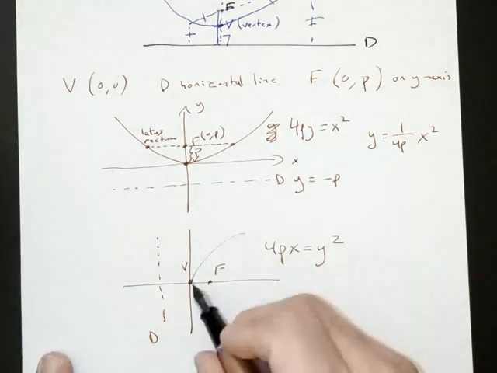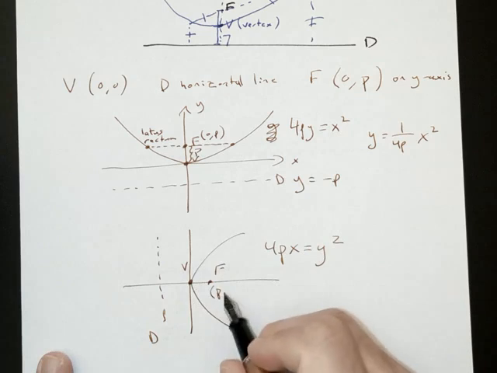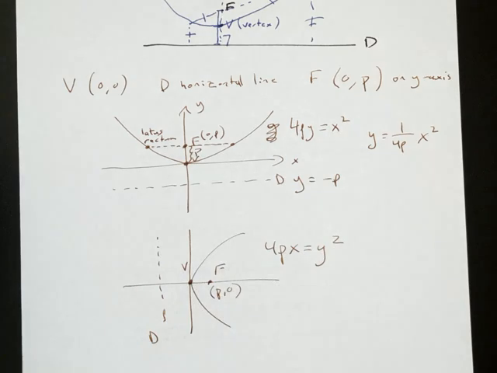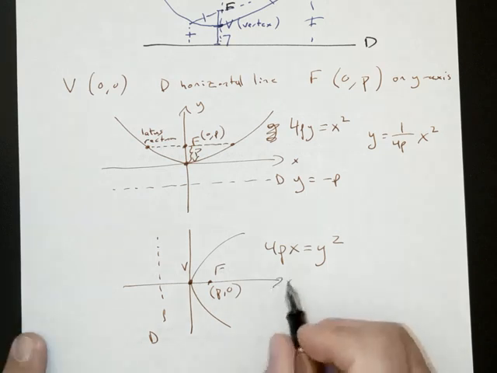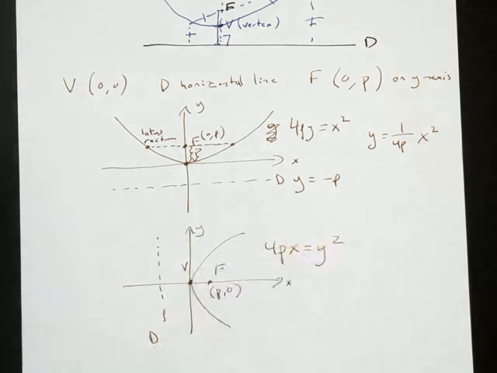Now, hang on a second. Notice that the coordinate for the focus changes because the coordinate's on the x-axis instead of the y-axis. That also means that the equation for D changes, because now that is a different kind of line.